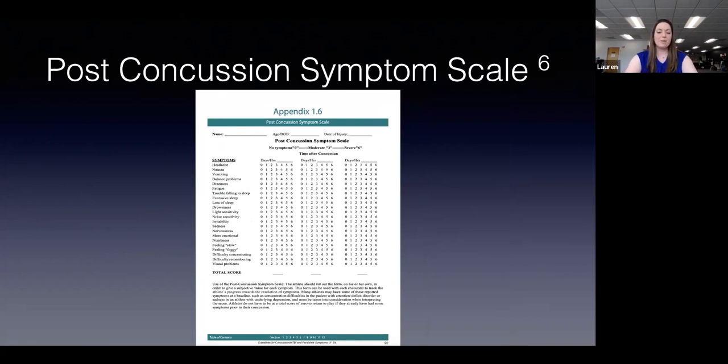All right, post-concussion symptom scale. I know this is one that I haven't used, but is a good one to, can I zoom in? I cannot zoom in. Something that the patient would fill out themselves, just going off of how far out they are from their concussion, and then rating all of those symptoms on the scale.